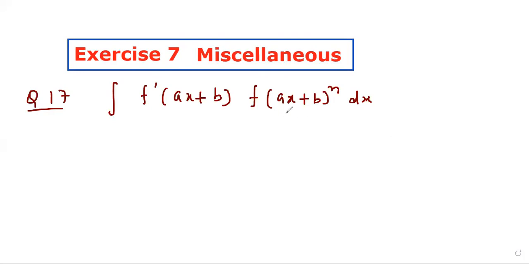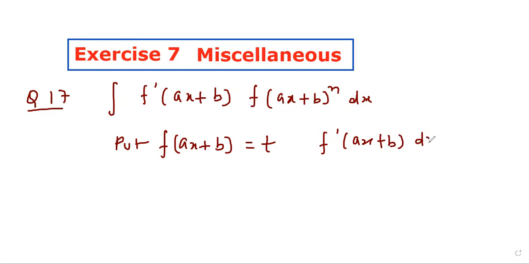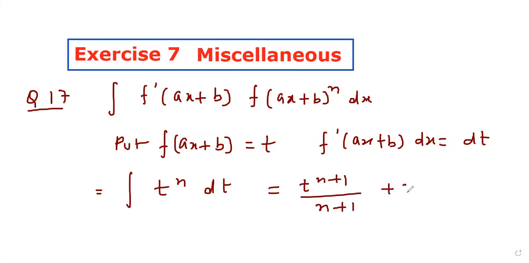Here, if we put f(ax plus b) equal to t, then we will get f dash (ax plus b) dx as dt. So our question will become integration of t power n dt, which is equal to t power n plus 1 divided by n plus 1 plus c.